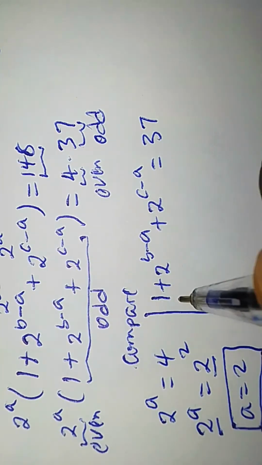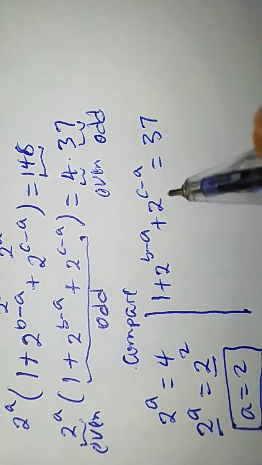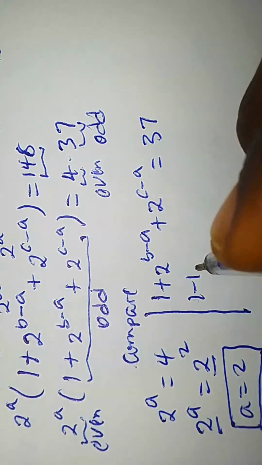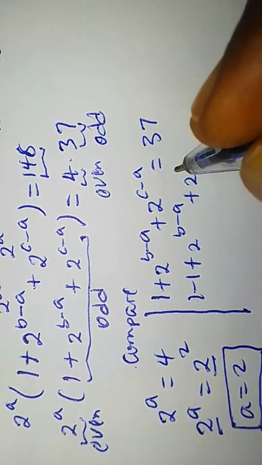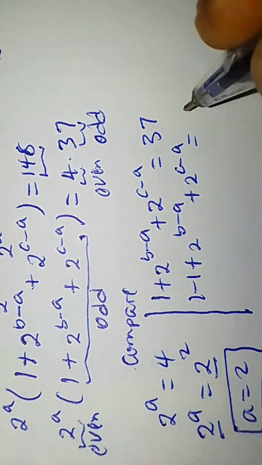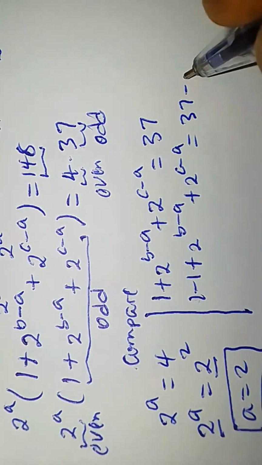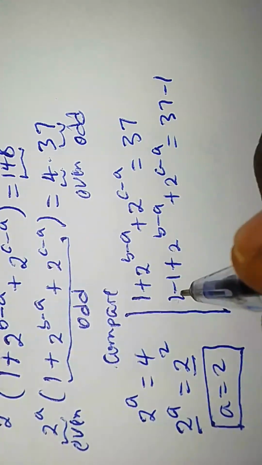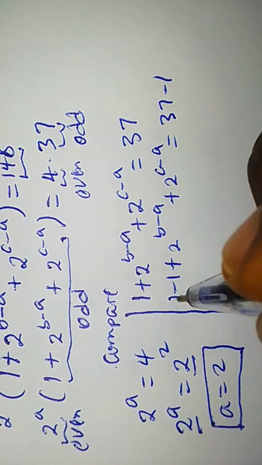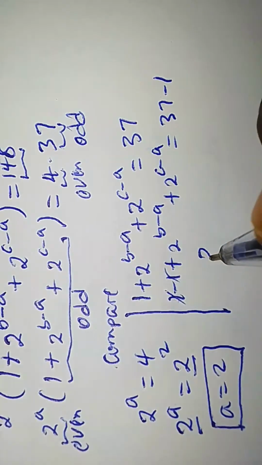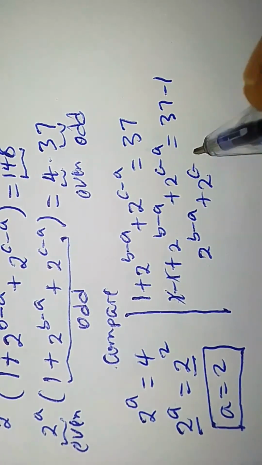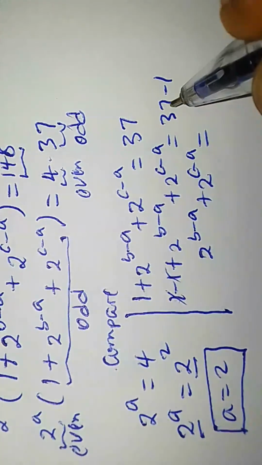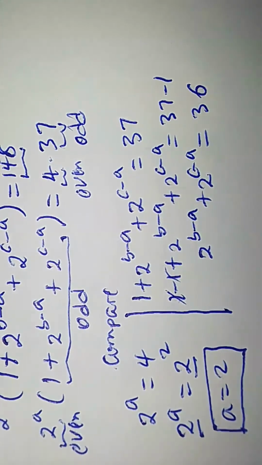If we add minus 1 to both sides, we have 1 minus 1 plus 2 raised to b minus a plus 2 raised to c minus a equal to 37 minus 1. 1 minus 1, that goes. We have 2 raised to b minus a plus 2 raised to c minus a equal to 37 minus 1, that is 36.